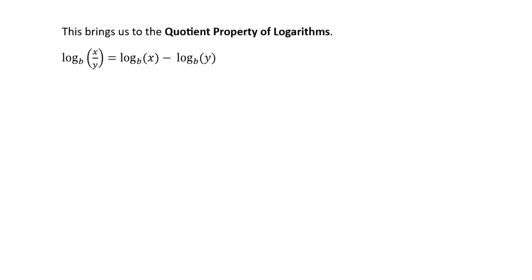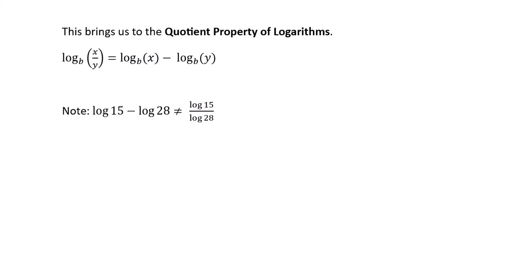Now, just a caution, this would be an improper way to use the quotient property of logarithms. The log of 15 minus the log of 28 is not equal to the log of 15 over the log of 28.